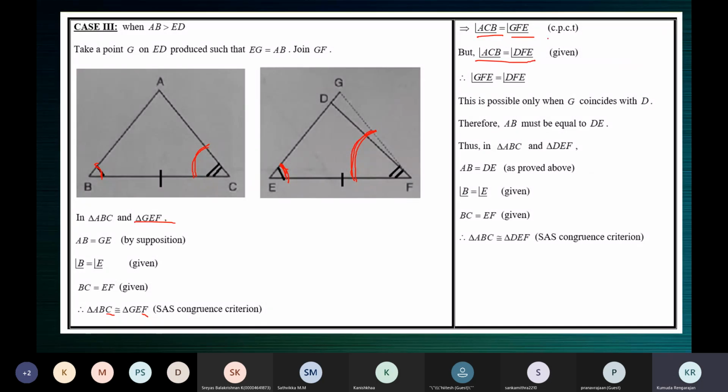This we get by CPCTC, since the triangles are congruent. But this is already given to us.